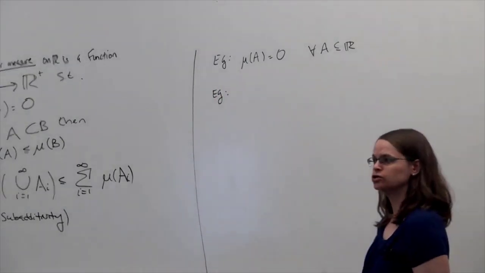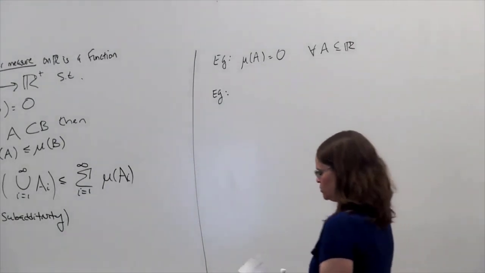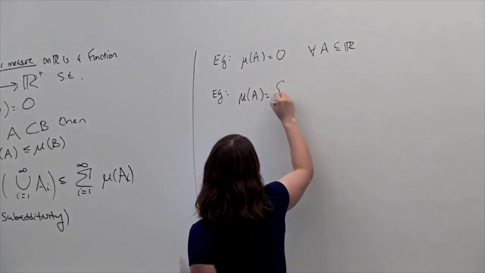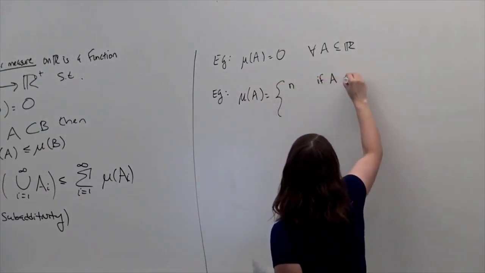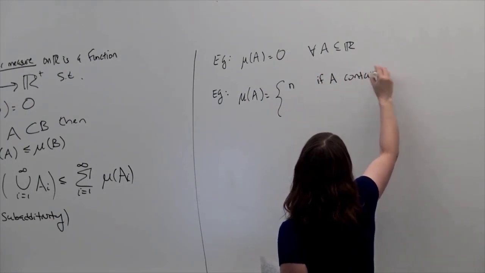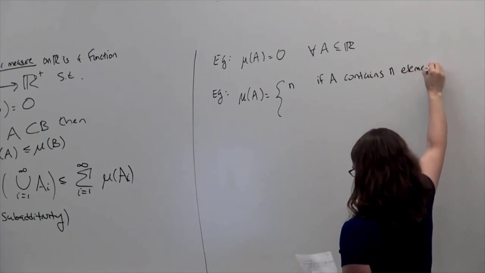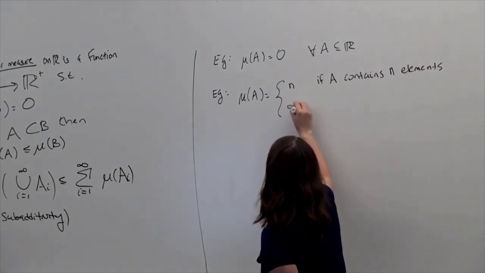Another thing that we could try is to count how many elements are in our set. This is called the counting measure. So we'll say that this is equal to n if the set A contains n elements, for some finite n, and infinity otherwise.